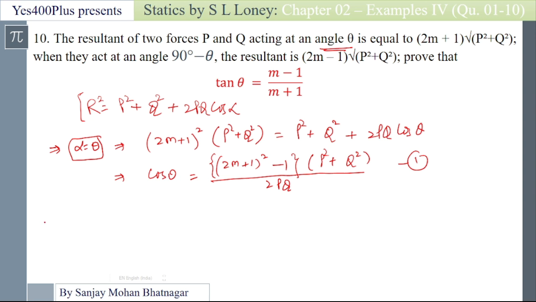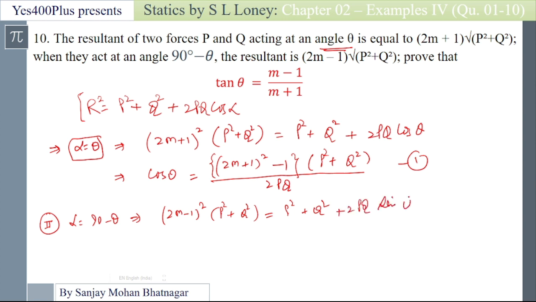Second situation, alpha equal to 90 degree minus theta. In this situation we have (2m minus 1) whole square into (p square plus q square) equal to p square plus q square, and cos (90 minus theta) is obviously sin theta, so we have 2pq sin theta.